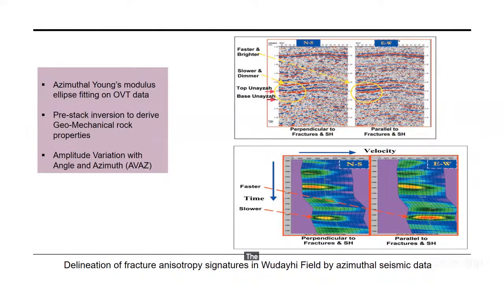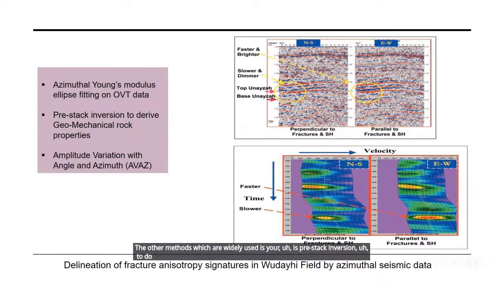The other method which is widely used is pre-stack inversion to get geomechanical rock properties. What mainly happens is that in far angle stacks, the information relevant to fractures remains stored.